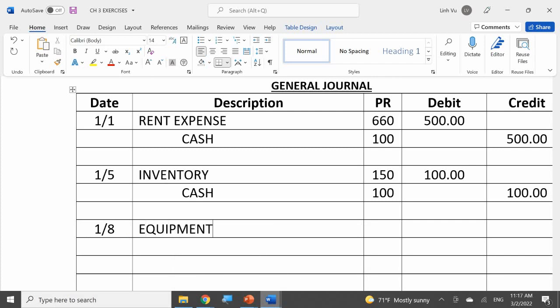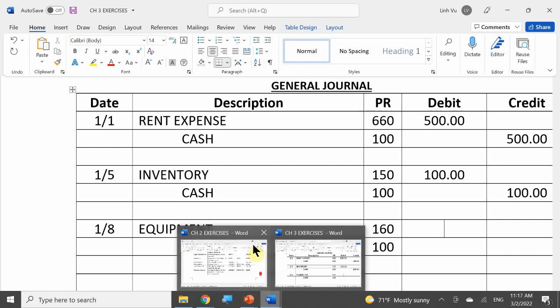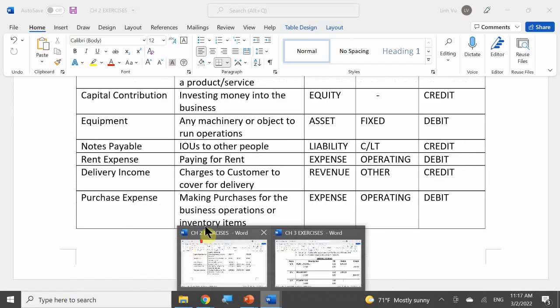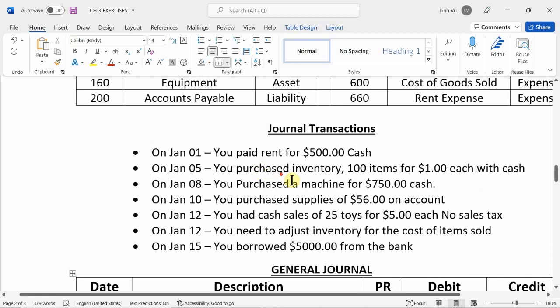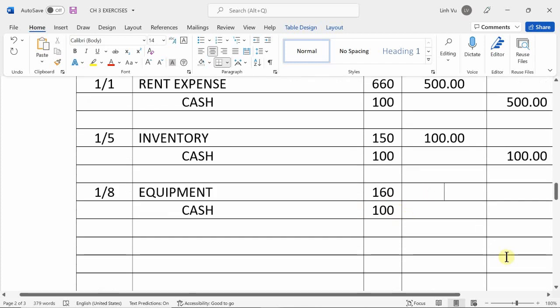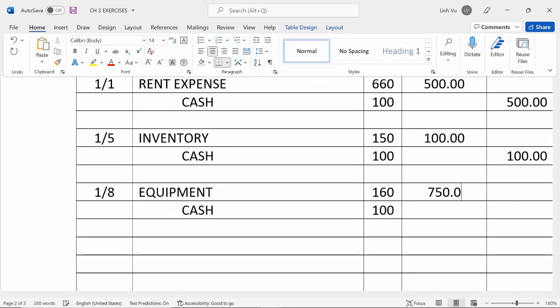So that means we're going to increase our assets. And because we spent money, we're going to decrease our cash. So 160 and 100. So in this case, how much money did I spend to buy this equipment? 750. $750. Okay. All right.